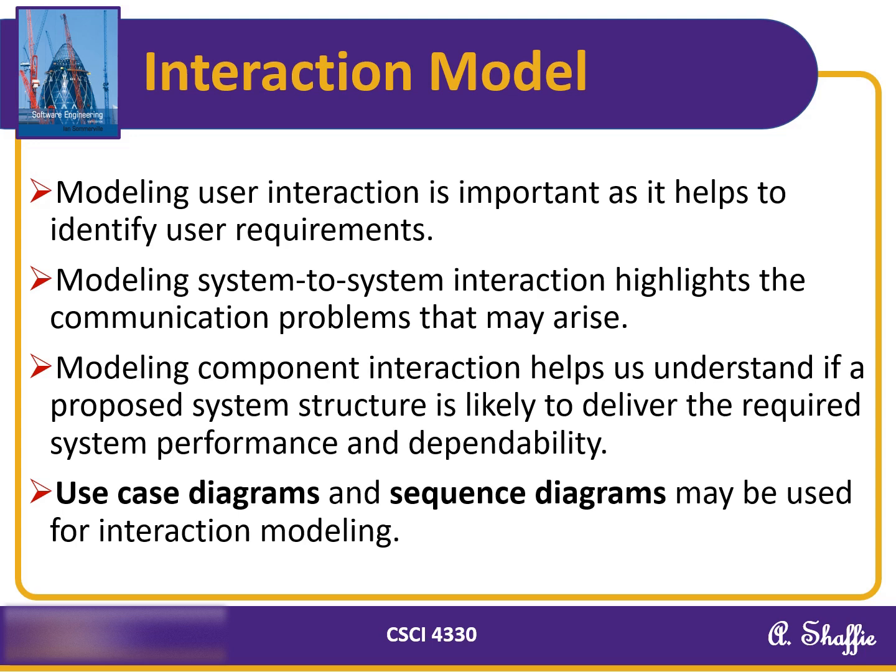For example, if you call a module, you need to understand its interfaces, including what arguments are required and what it will return. Additionally, modeling interaction between components allows us to assess if the system will meet the required performance and reliability standards. To model these interactions, we primarily use two UML diagrams, the use case diagram and the sequence diagram.